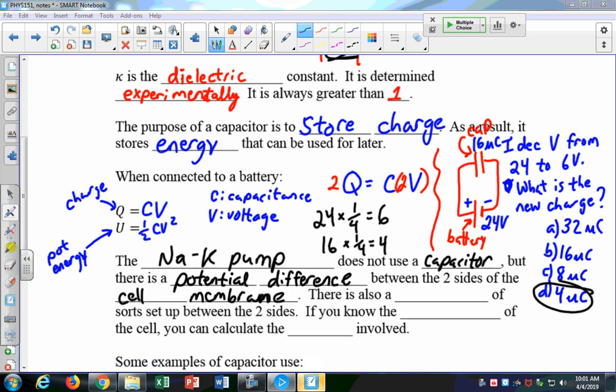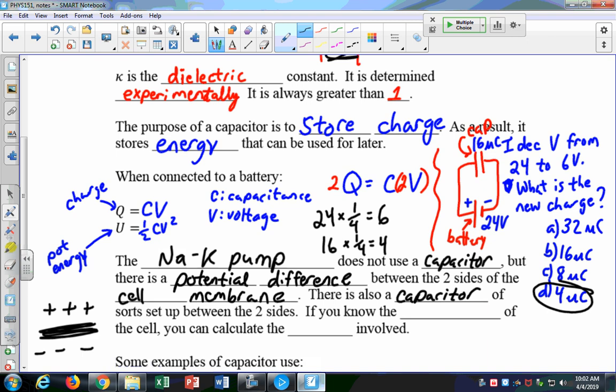We sometimes talk about that potential difference because in the cell membrane, you have positive charges on one side and negative charges on the other side. What is this but a capacitor? The separation of charges. And so sometimes we talk about our cell membrane as if it's a capacitor, and sometimes we'll even calculate the capacitance of the cell membrane between those charges.